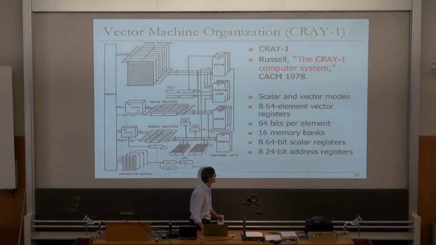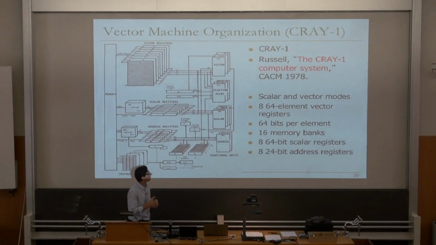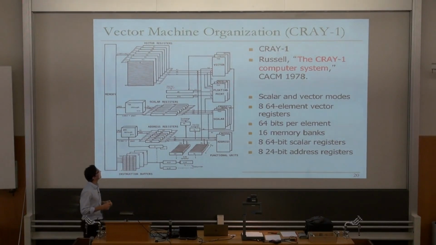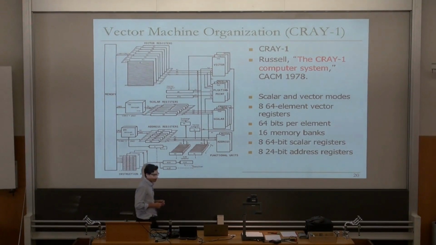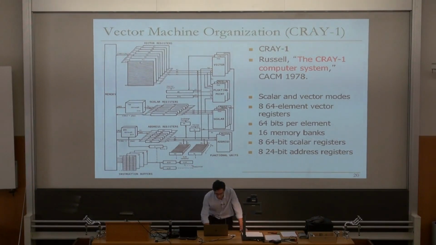Okay, here in this slide you can see our first example of a vector machine. This is the CRAY 1. As you can see in this figure here, we have the vector registers here on the left. We have some vector functional units here for floating point.